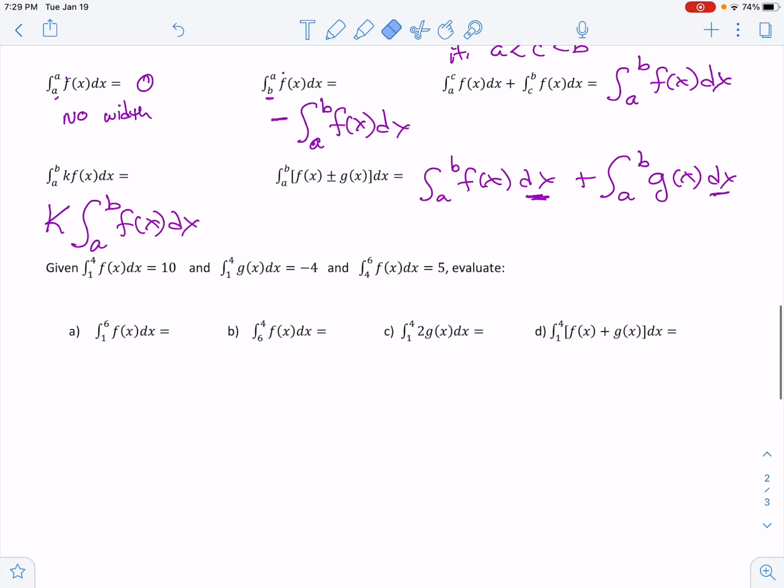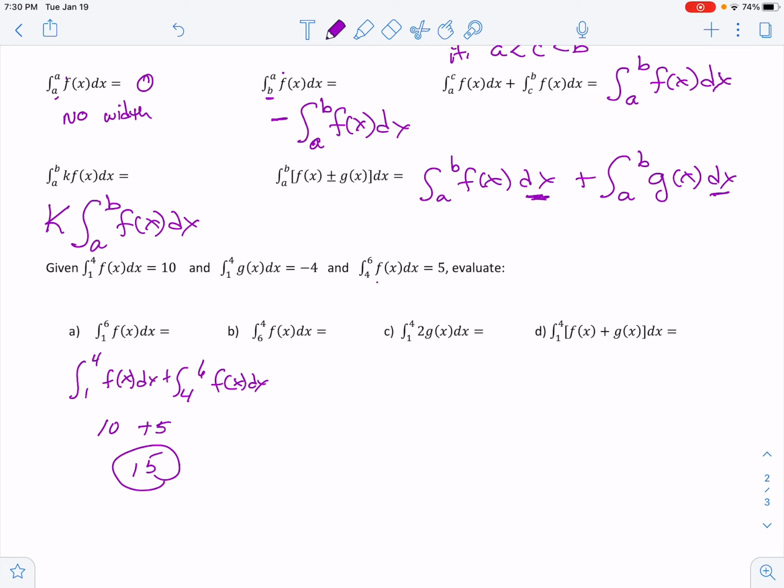They tell me if I integrate from 1 to 4 of f, I get 10. From 1 to 4 of g is negative 4. And 4 to 6 on f is 5. They want me to integrate from 1 to 6 on f. So I could integrate from 1 to 4 of f of x and add to it 4 to 6 of f of x dx. So you get 10 plus 5 and you get 15.